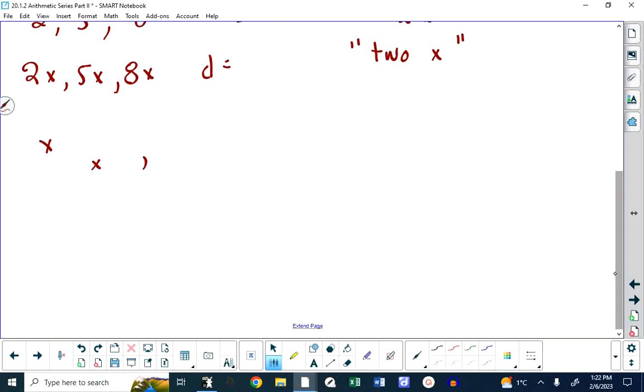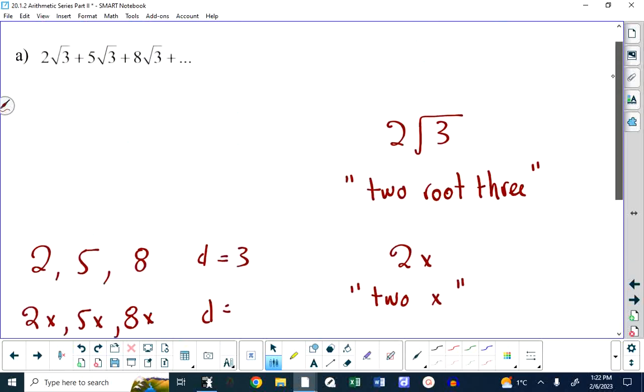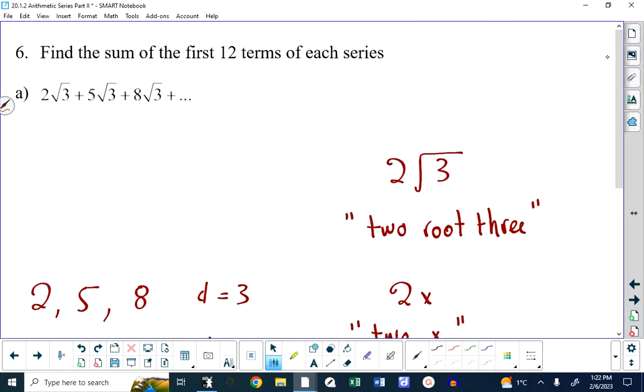And the second term is that. And the third term is that. 2x means 2 x's. It doesn't mean x times x, by the way. It just means there's an x and an x. It's x plus x. So what is the common difference here?